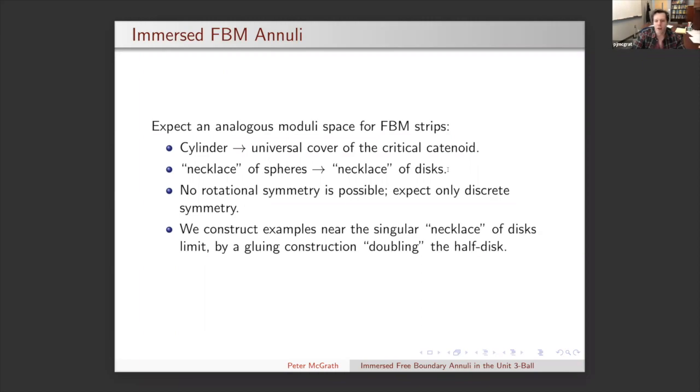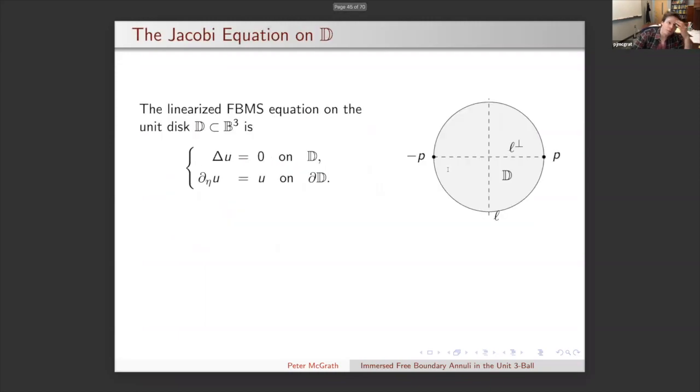But before getting there, I'd like to discuss the disk itself and how you can think about perturbing the disk as a free boundary minimal surface. So I want to discuss basically the blow-up picture. If you start with the equatorial disk in the 3-ball, or any equatorial disk in the 3-ball, you can study the linearized minimal surface equation, or the linearized free boundary minimal surface equation, on this disk.